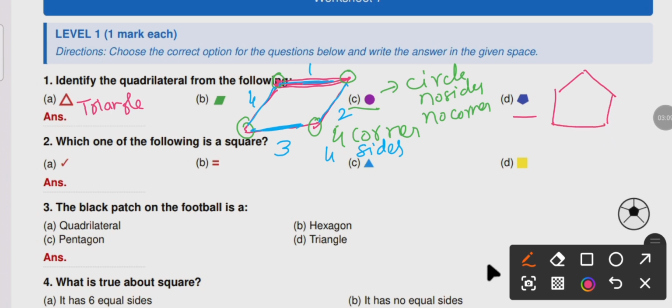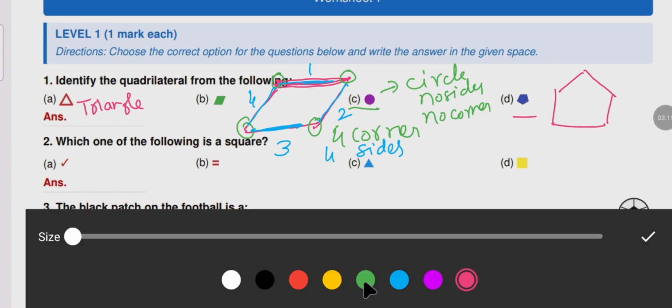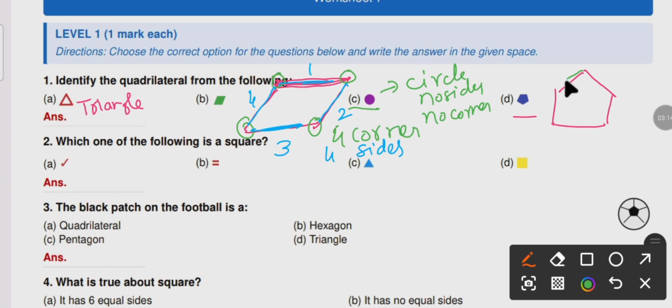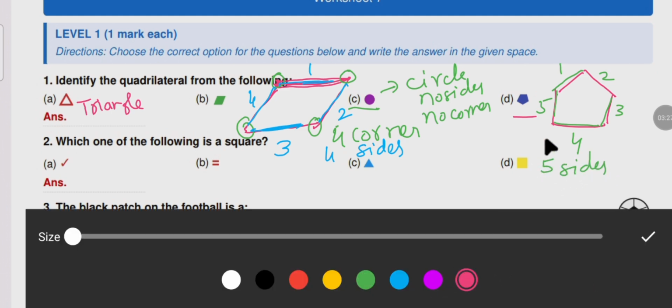Now count the sides and corners of this shape: 1, 2, 3, 4, 5. How many sides? 5 sides. And how many corners? 1, 2, 3, 4, 5. 5 corners. So this shape is a pentagon. The name of this shape is pentagon.